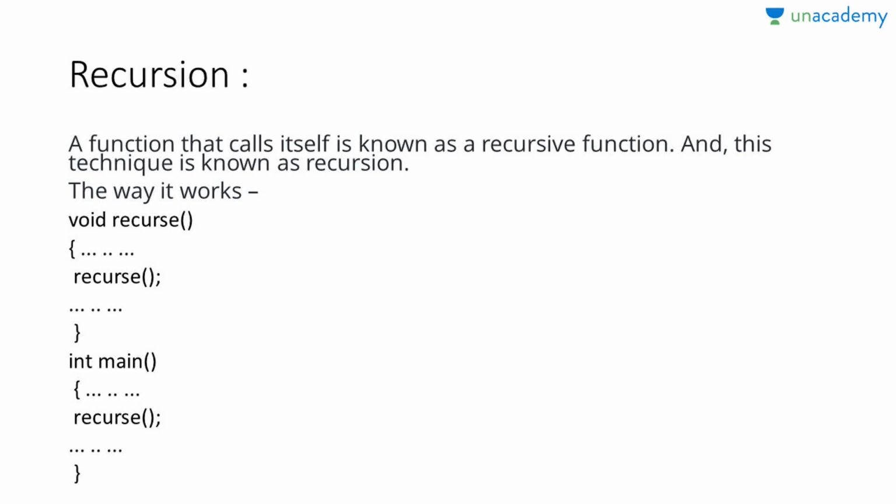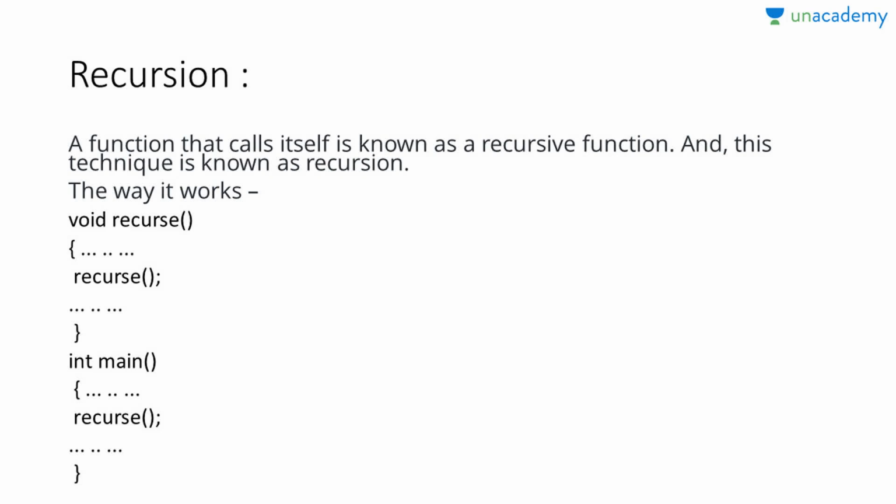Next comes recursion. A function that calls itself is known as a recursive function. Instead of writing the same lines of code in a function many times, you can call the function whenever it is necessary.